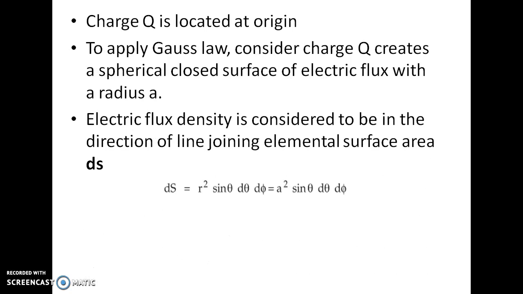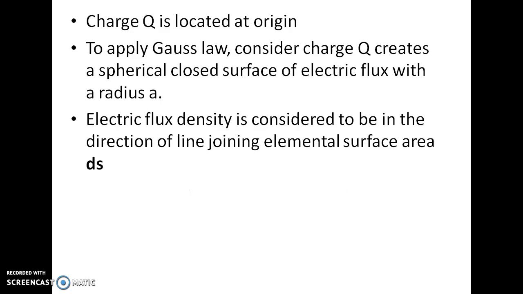So we can write, when the surface, as we saw in the last class, the three surface areas: one normal to the r axis, one normal to the theta axis, and one normal to the phi axis. But here the surface lies normal to the r axis, so the surface area normal to the r axis is ds equal to r square sine theta d phi.